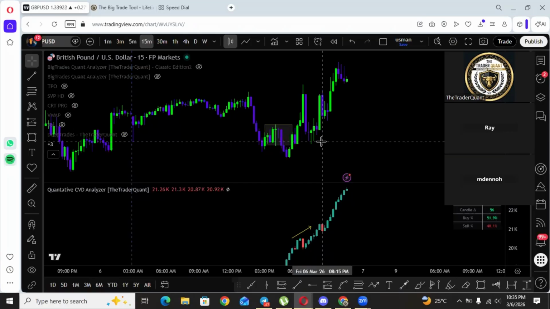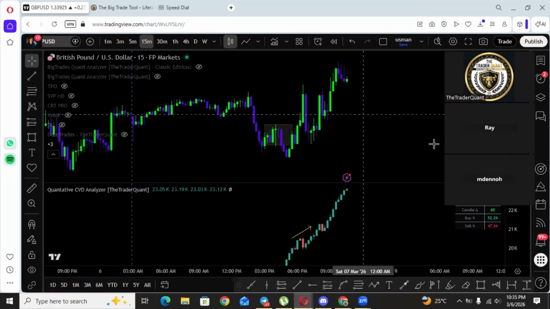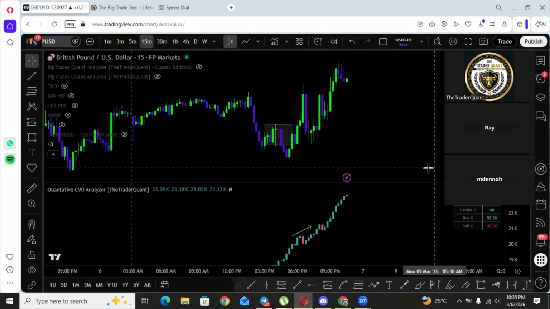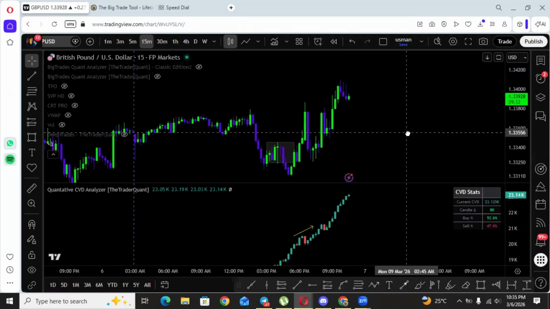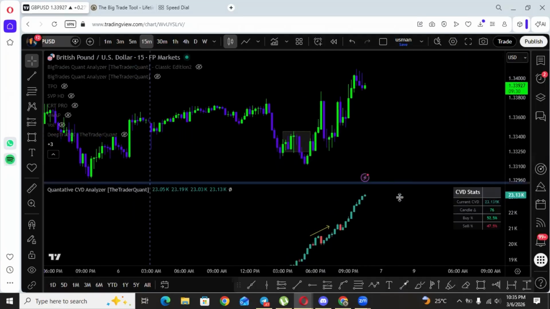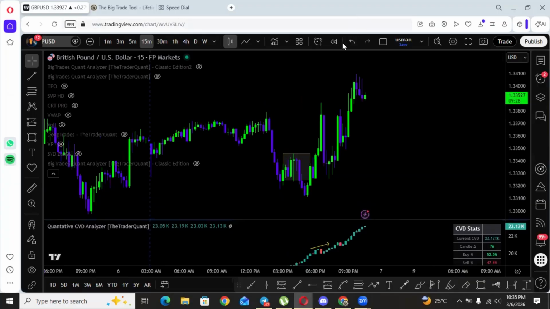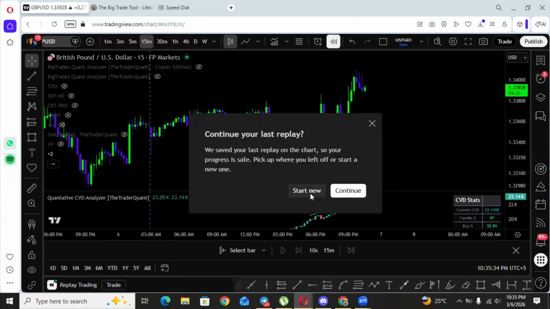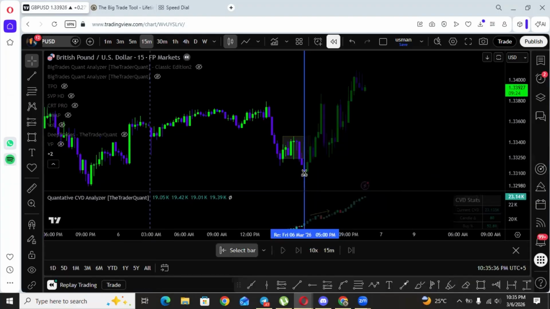So we don't need a second candle to show us a follow through and spot the absorption. In this tool, the final version, we can spot the absorption even more accurately and earlier than the previous tool. So let's move the chart to this point.